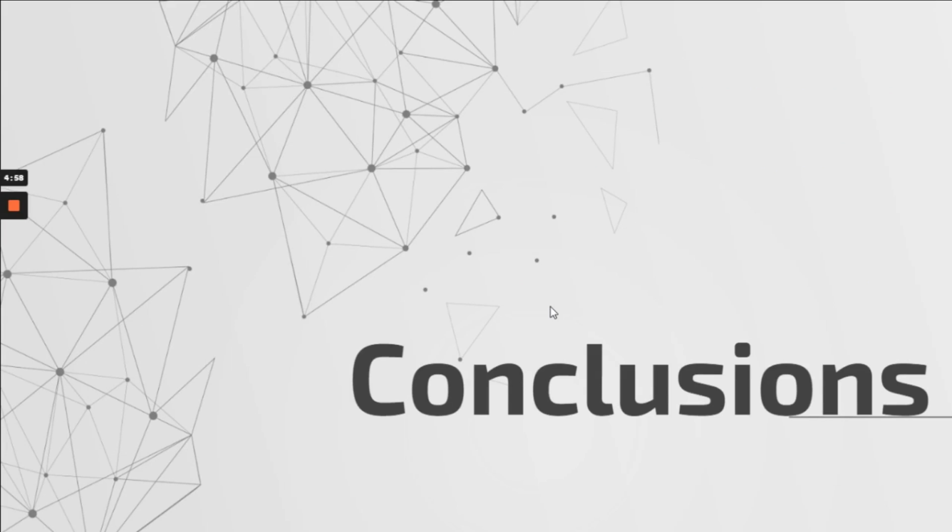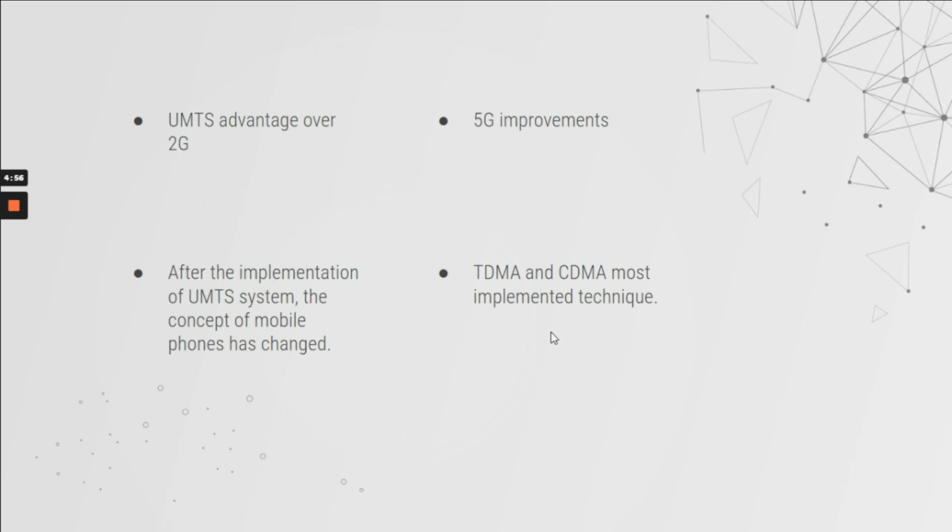And finally, to conclude, the UMTS has an advantage over the second generation mobile 2G and its ability to support high data rates. Also, the 5G has improvements in three main aspects such as speed, lower latency, and higher density.